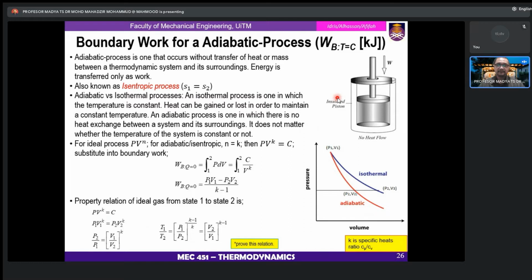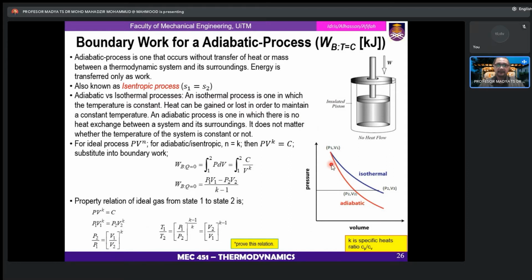This process is also known as the isentropic process, where S at state 1 equals S at state 2. On the PV diagram, the adiabatic process has a curved line like the isothermal process, but a different value of n gives a different curve.